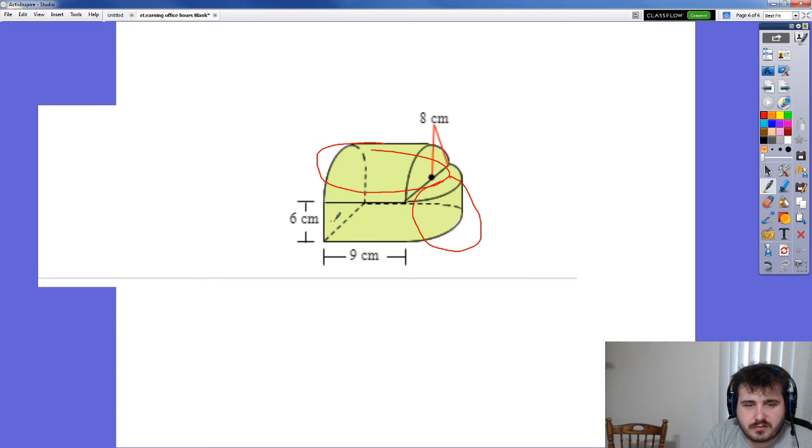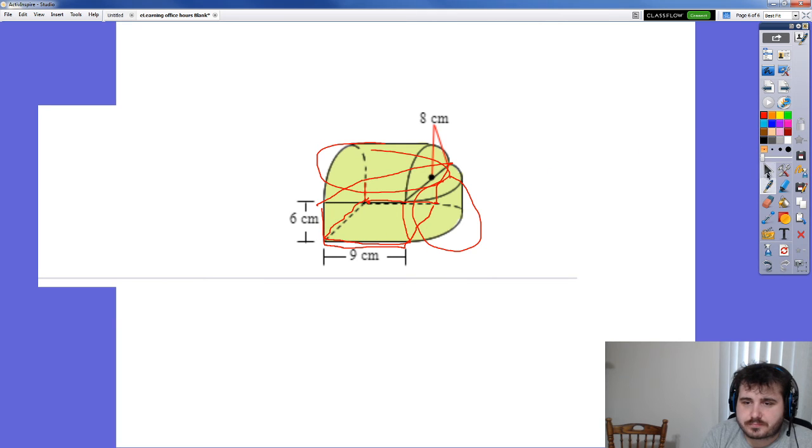And then the rest of it is just a bunch of rectangles, whatever's left over that hasn't been chopped off. We've got 1, 2, 3, 4 rectangles. Here's one rectangle, here's another rectangle, here's another rectangle, and then the front one, here's another rectangle, right?